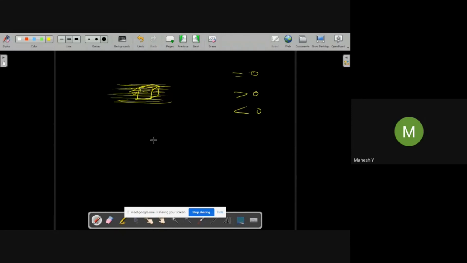Now you have a football or something, and you made a puncture or a small hole in it, so the air bursts out. Now I'm considering a volume here. What will be the value of divergence? Zero, greater than zero, less than zero?